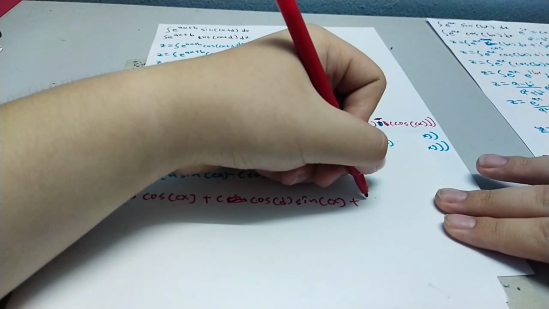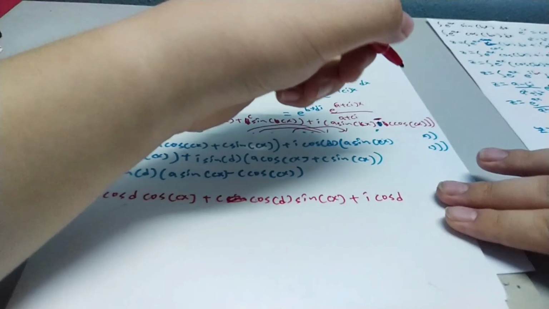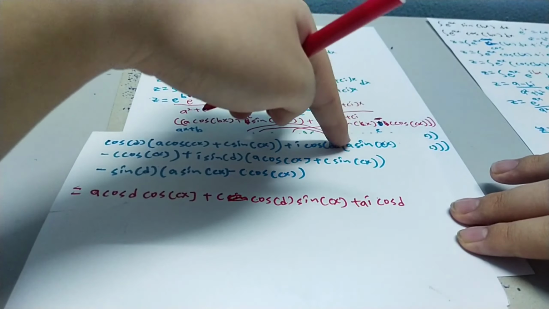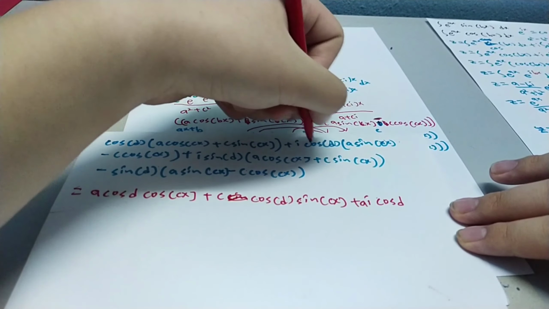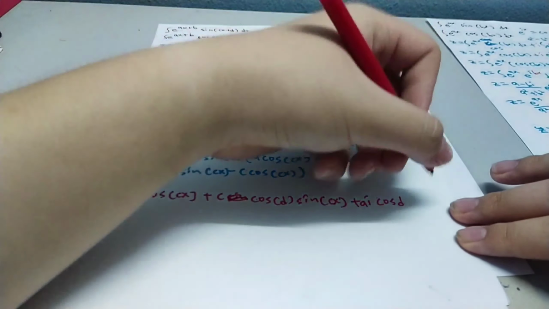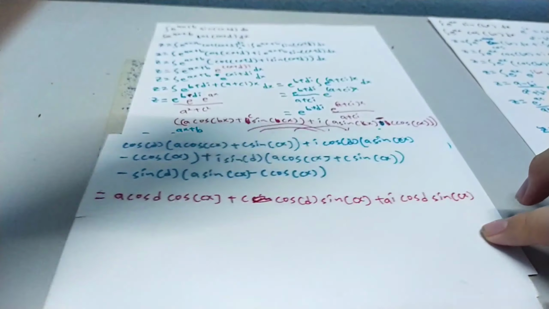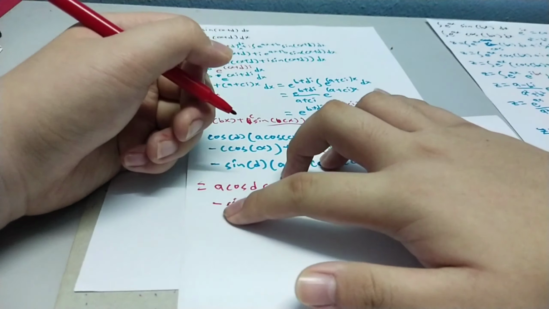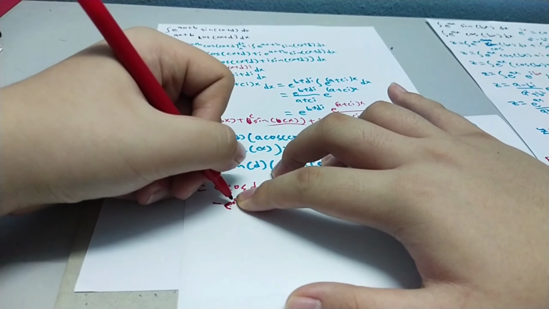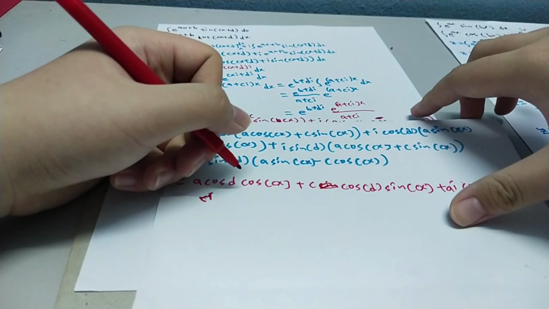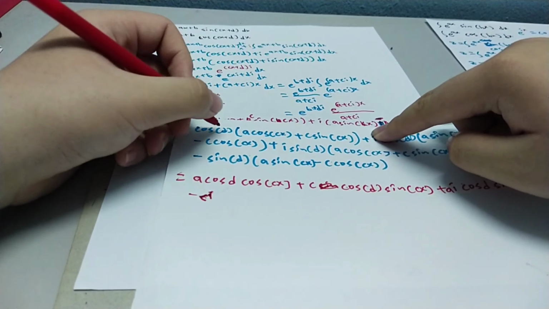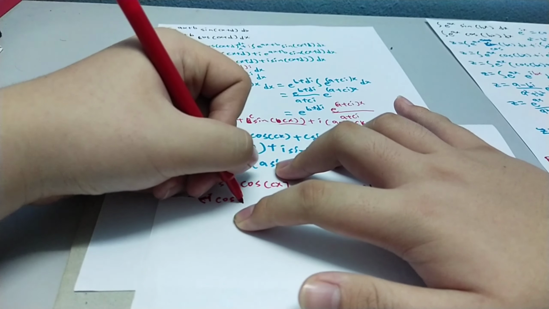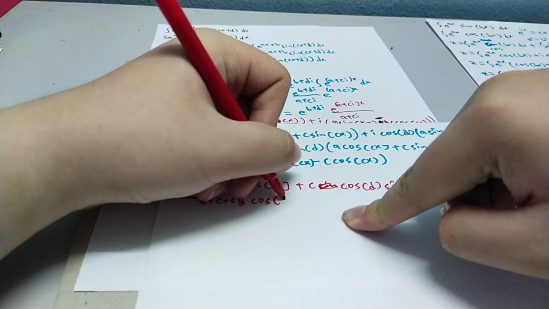Plus ai times cosine of d times sine of cx, minus ci times cosine of d times cosine of cx.